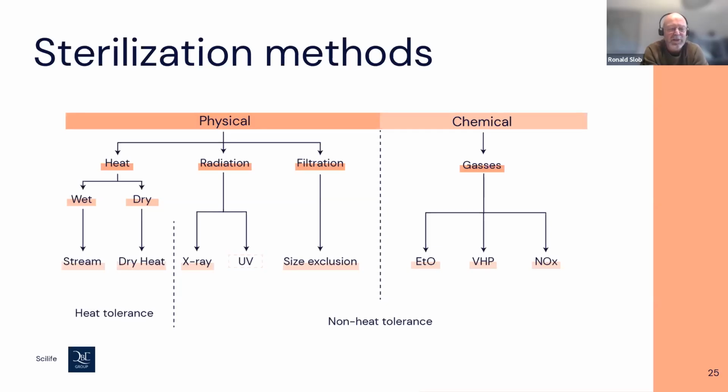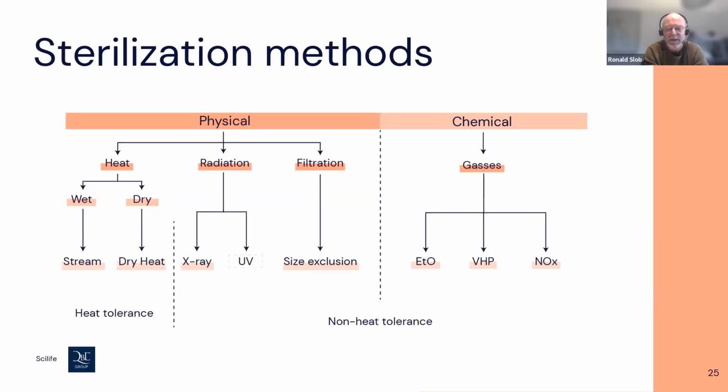Always try to go, if it's possible, for steam sterilization, because that is widely accepted all over the world. If you've got a good qualified process for that one, then most of the time you are okay when you show them the evidence. The other ones need a little bit more from your side. The mechanisms are well known.